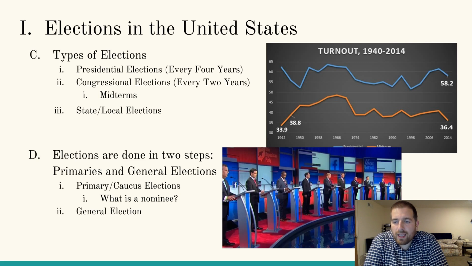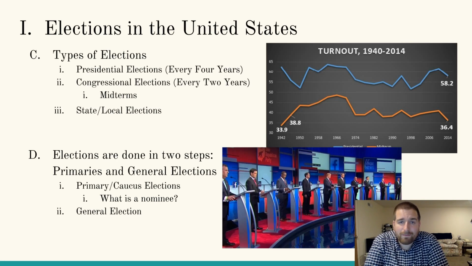There was a 58% voter turnout in 2012 to elect the new president, or to re-elect Barack Obama, I should say. Now compare that to the orange line, which shows in 2014, the most recent midterm election, voter turnout was 36.4%. So you can see that voters tend to get out far more when the president is on the ballot.